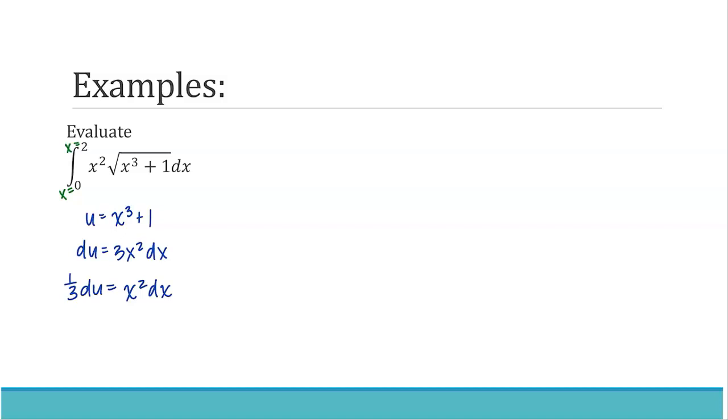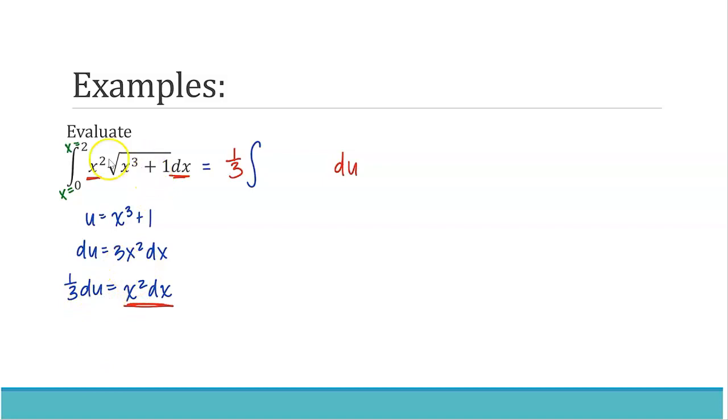So what's going on now with my integrand is that x squared dx, so the x squared and the dx part, is going to get replaced with 1/3 du. And I'm going to go ahead and keep that 1/3 in the front. So I'm going to have 1/3, and I'm going to put the du in the back.